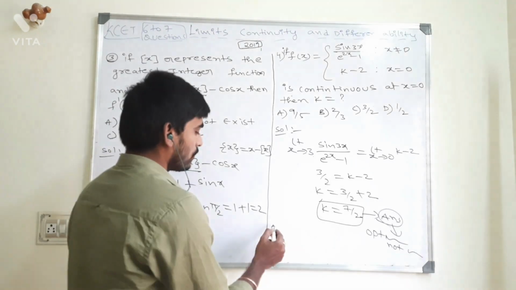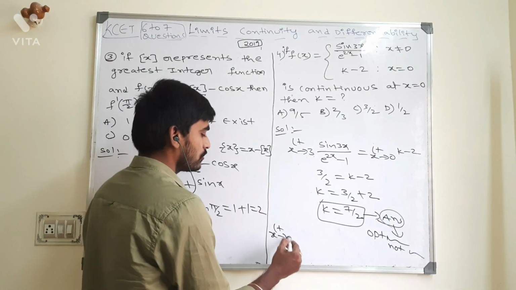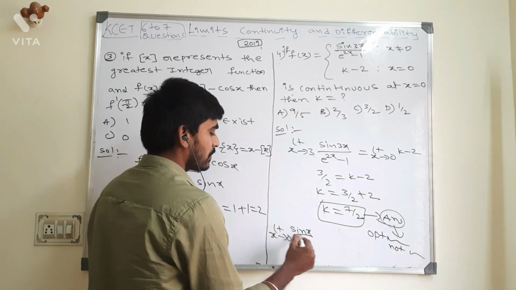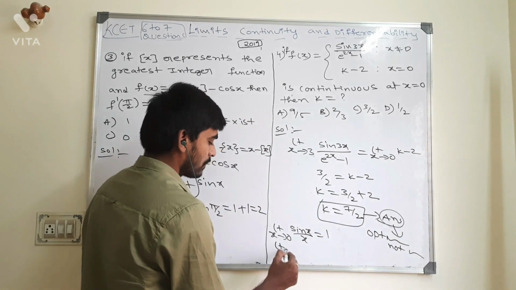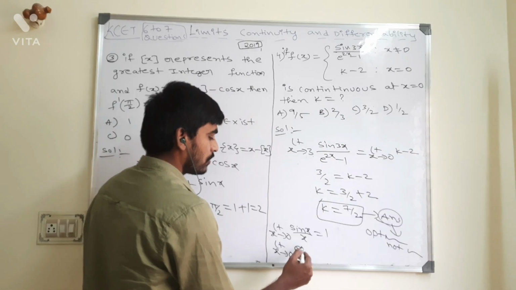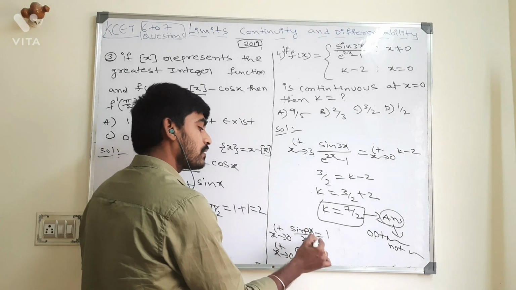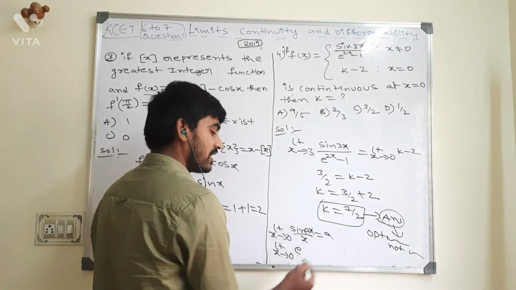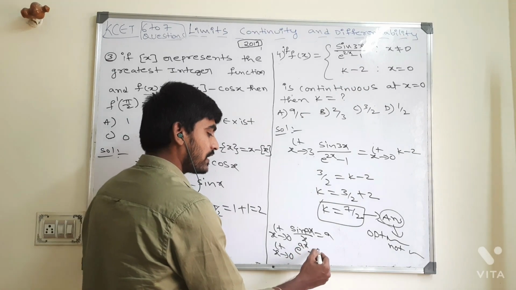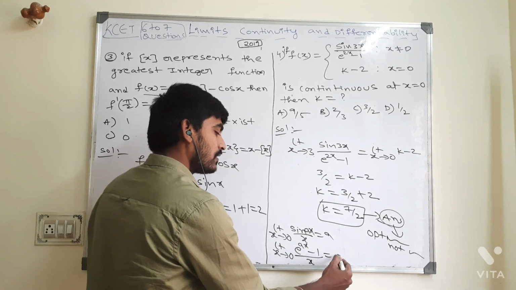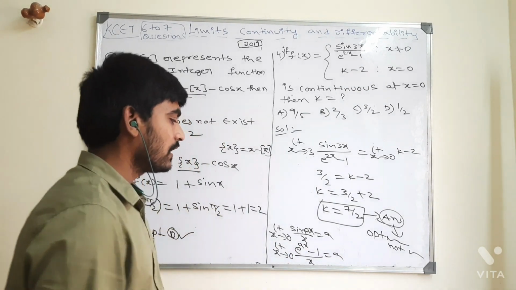Basic formulas. From limits, everyone knows the formula: limit x tends to 0 of sin x by x is 1. Suppose you take sin ax by x, then the result is a. E power ax minus 1 by x, then the result is a.